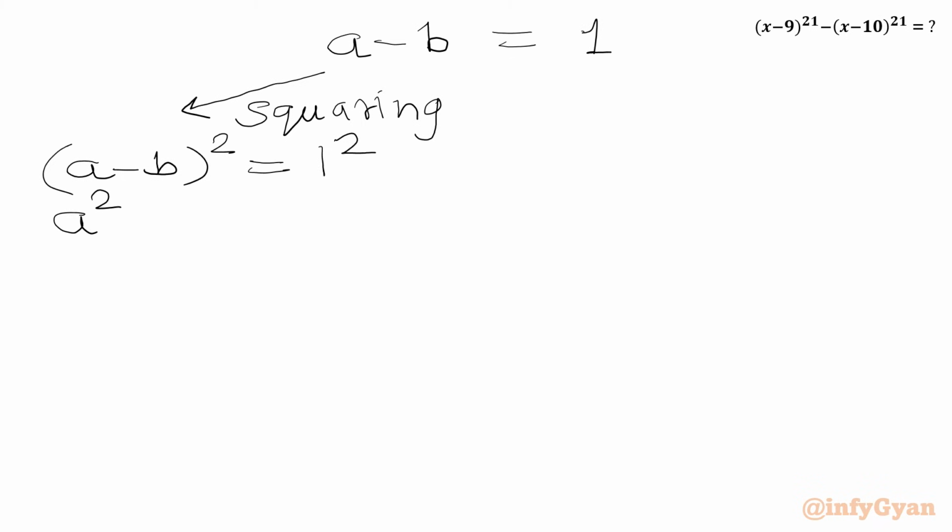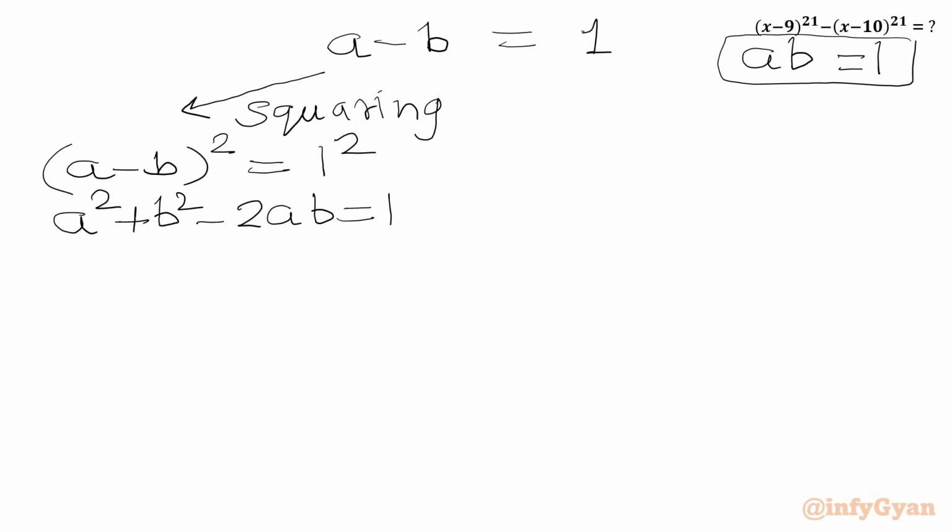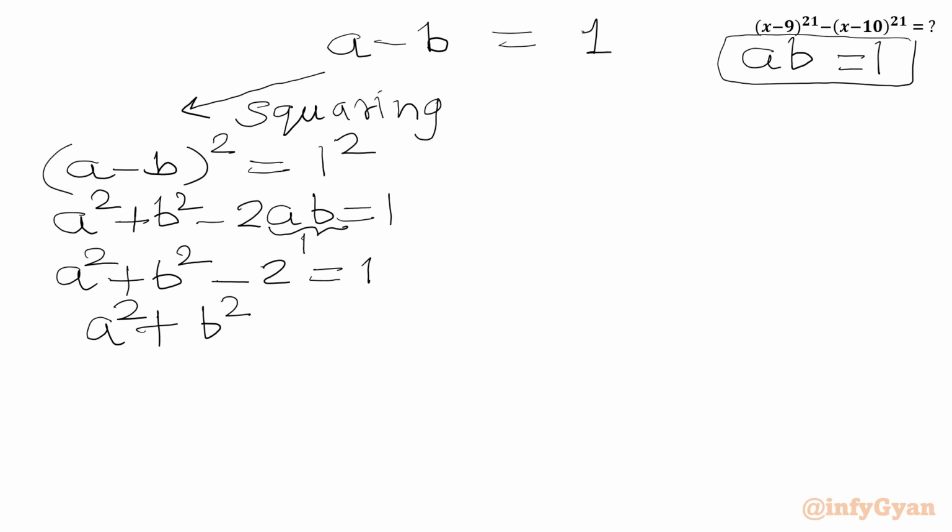Using formula, we will get a square plus b square minus twice ab equal to 1. Now our first equation was ab equal to 1. So I will put here ab equal to 1. We will get a square plus b square minus 2 equal to 1. By adding 2 to both sides, we will get a square plus b square value. Value will be 3.